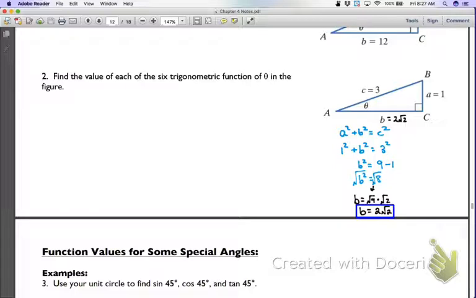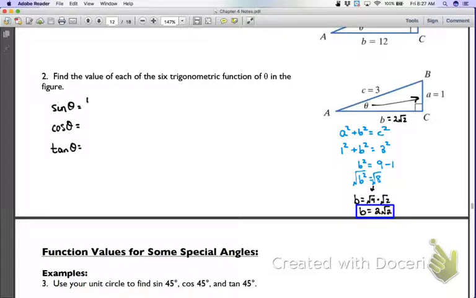So sine of theta, cosine of theta, tangent of theta. So sine is opposite over hypotenuse. So opposite of theta is going to be 1.